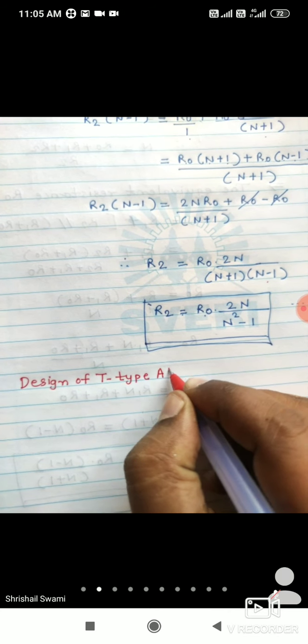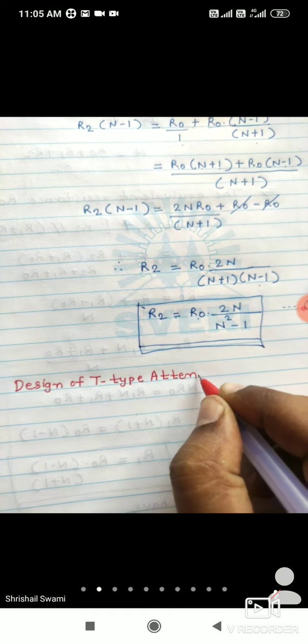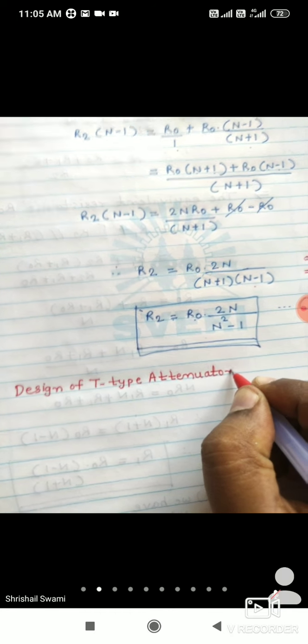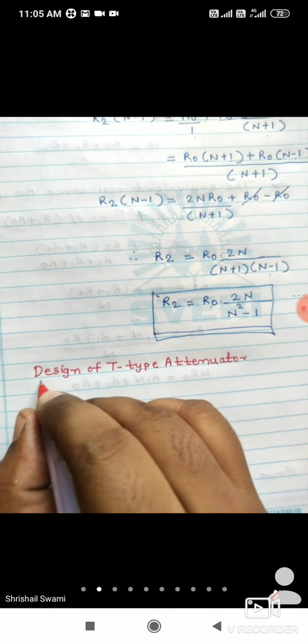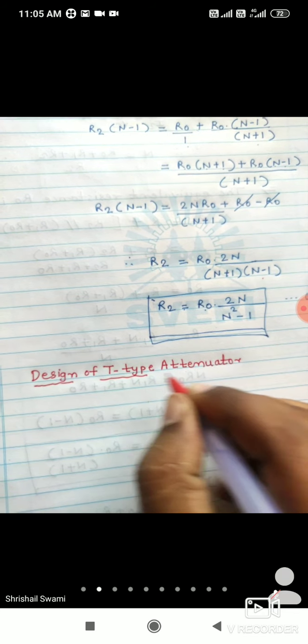Sometimes they will ask the derivation, but most of the time they will ask problems only. This derivation was also asked in the university question paper. So it is very easy.